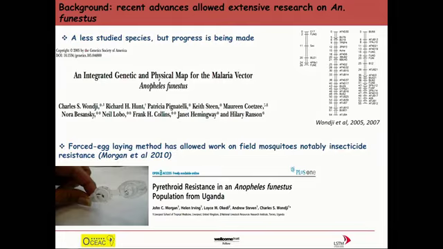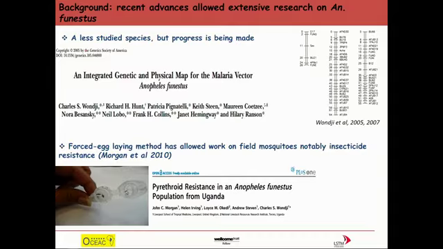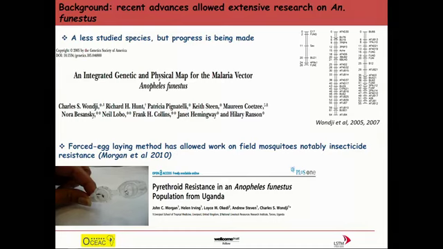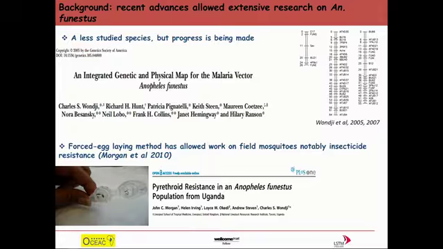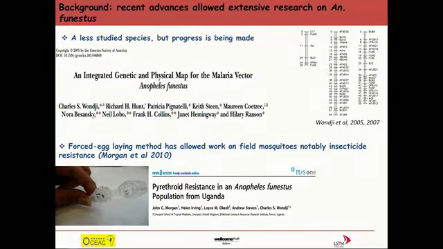But this mosquito is less studied because it is difficult to colonize in insectary, but progress is being made, and we now use the forced egg laying method to allow work on field mosquitoes, notably on insecticide resistance, using the method of Morgan and collaborators described in 2010.